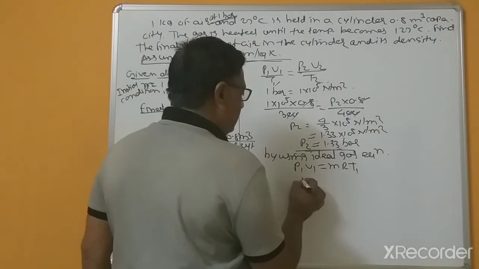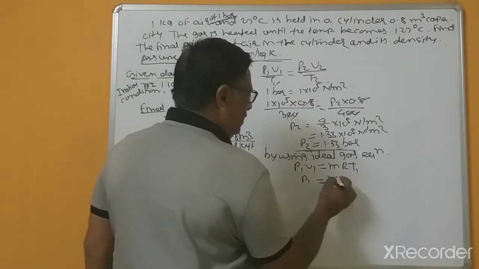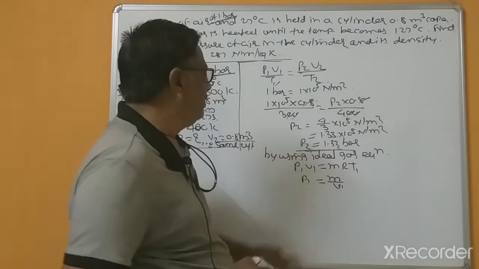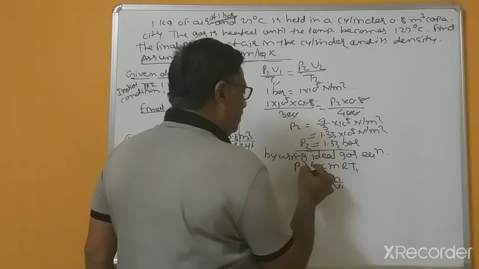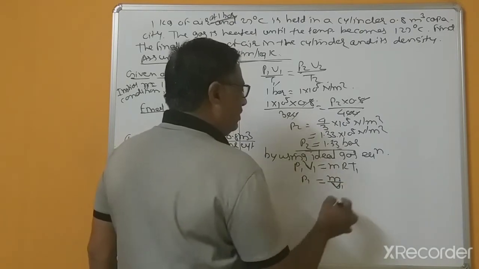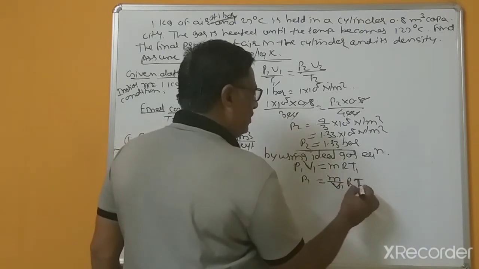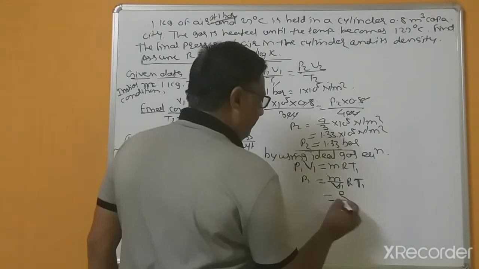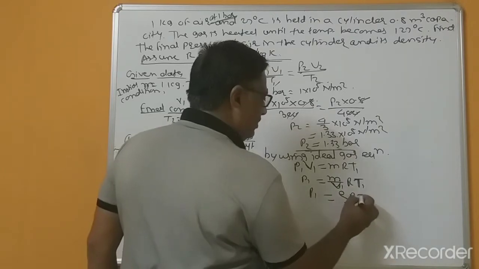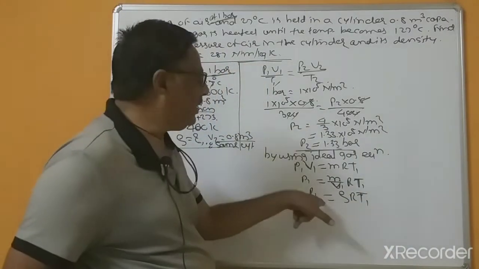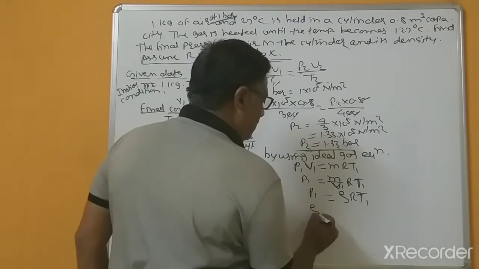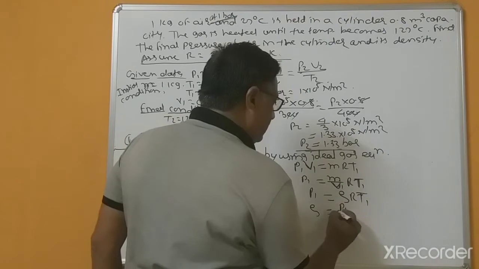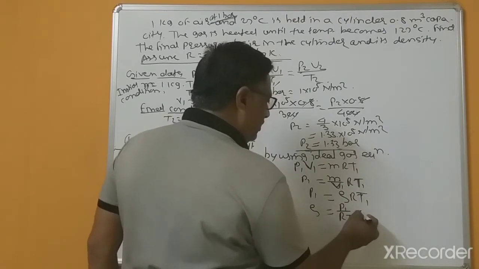This is nothing but the density, right? That's why I can write rho equal to P1 divided by R into T1.